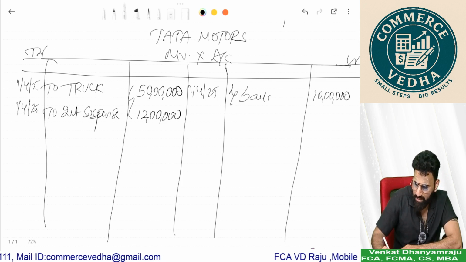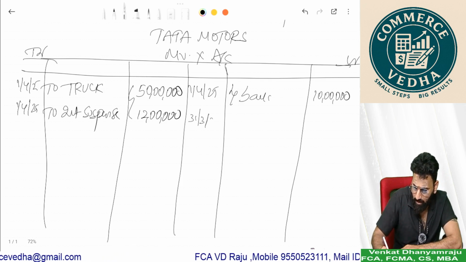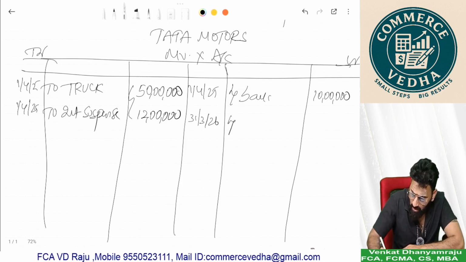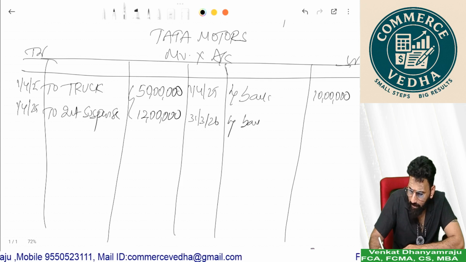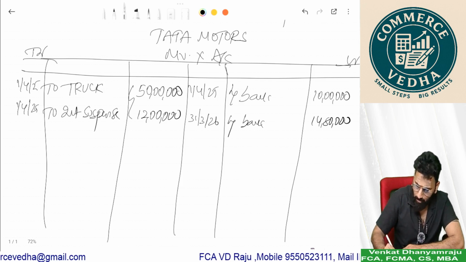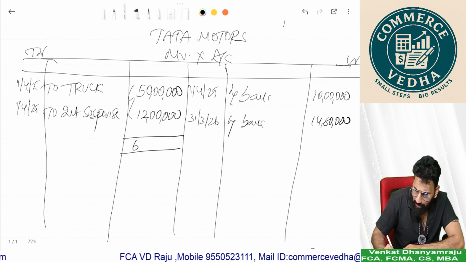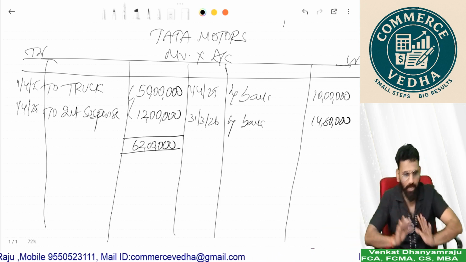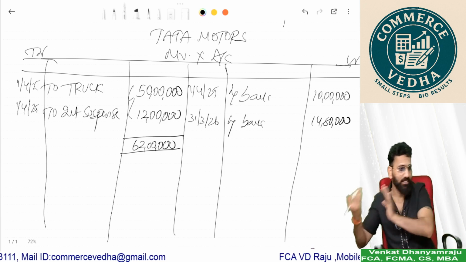And first installment, 31/3/26. I received the first installment by bank, 1480. So the same replica, mirror image. Their credits, here debits. Here debits, their credits.